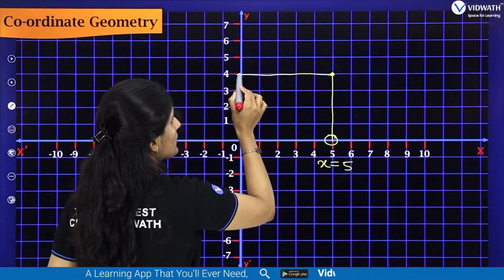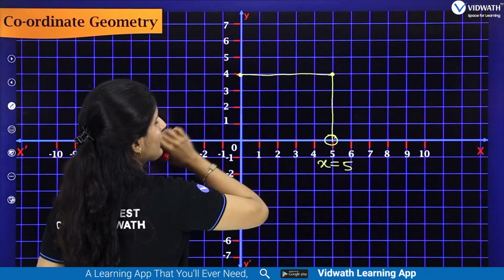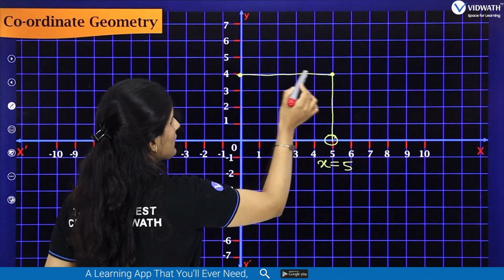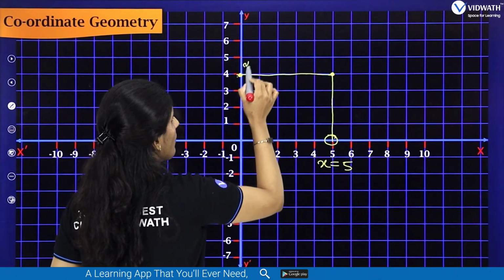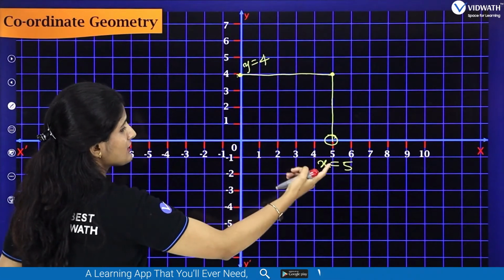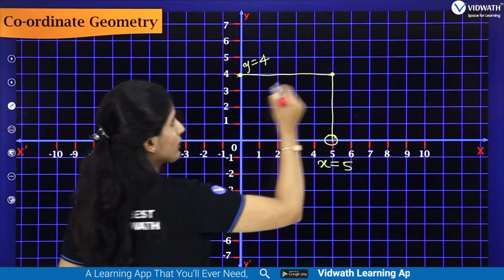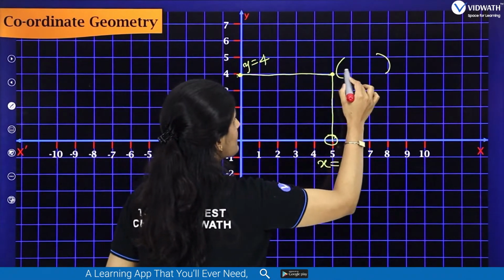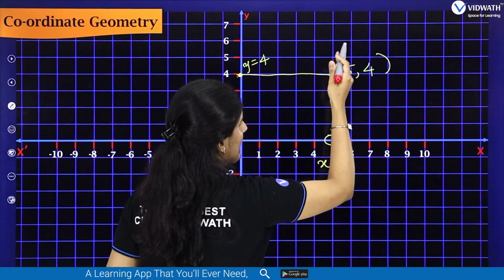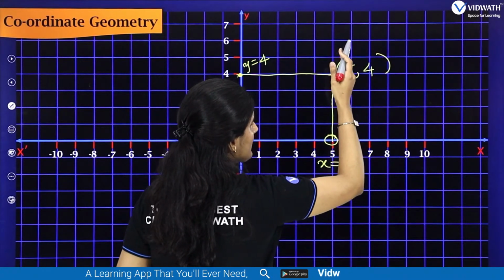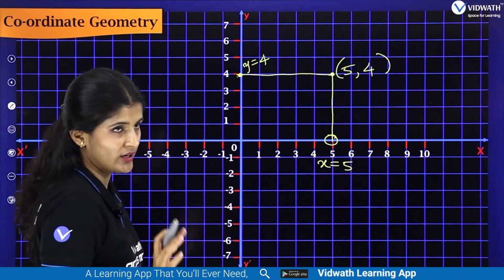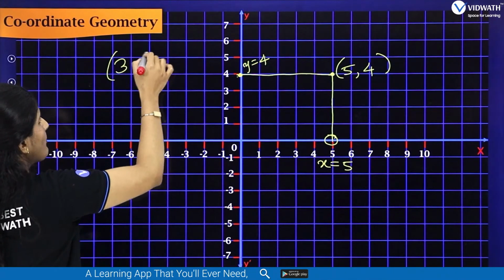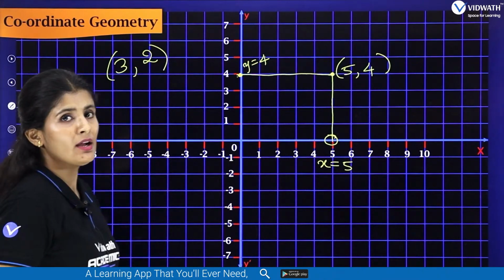The point at which the perpendicular meets the y-axis is the y-coordinate. In this case, the x-coordinate is 5, the y-coordinate is 4. So, the location, the address or the coordinates of this point can be written as (5, 4). That is, x-coordinate, y-coordinate.